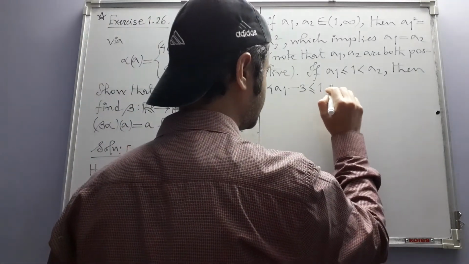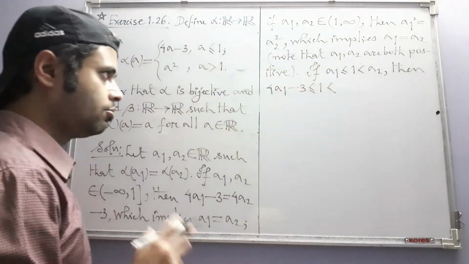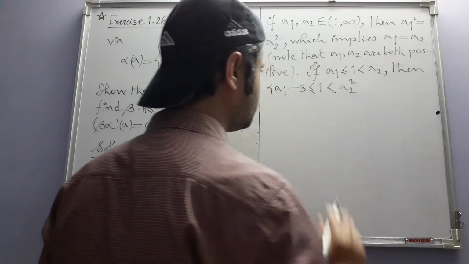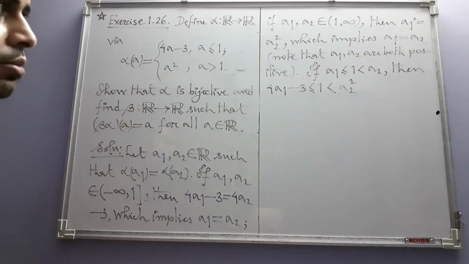Whereas, because a2 is greater than 1, so a2 square is also greater than 1.